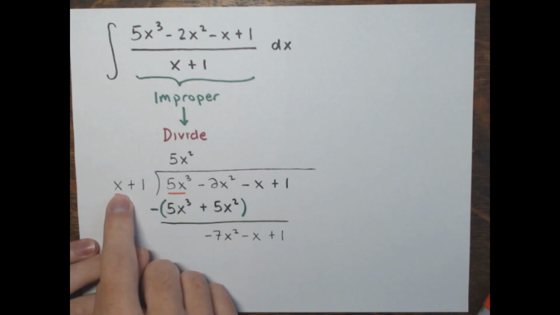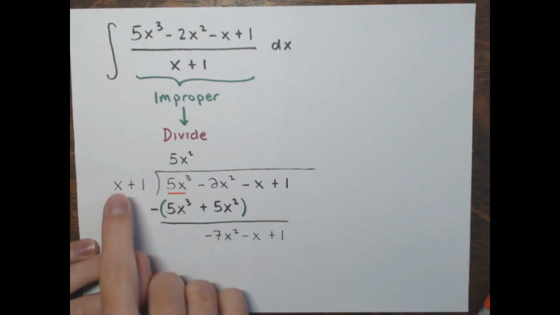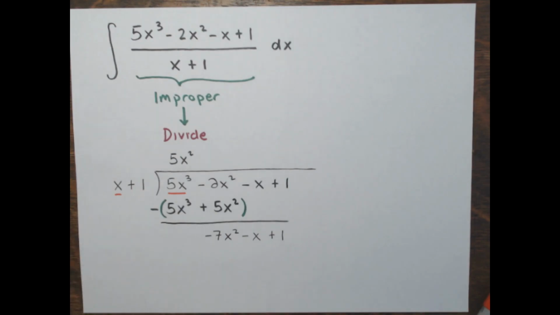So I can't divide the lead terms anymore. So after subtraction, I have a degree 2 polynomial, negative 7x squared minus x plus 1. That's still the degree of the divisor or higher, so I can keep going.